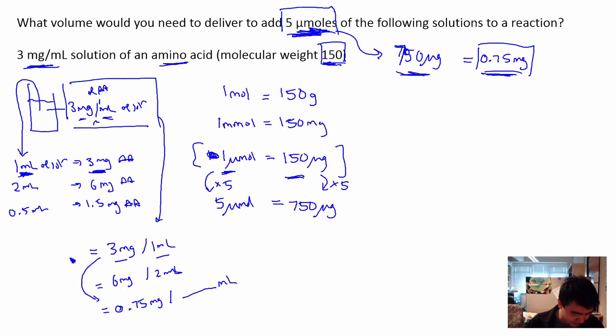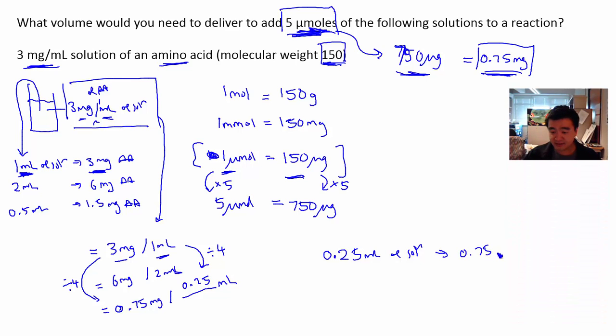To get from 3 to 0.75 is actually divided by 4. Therefore, to get from 1 down to whatever this is, it's also going to be divided by 4. And so 1 divided by 4 is 0.25, which means that if we take out 0.25 mils of the solution, we'll be taking out 0.75 milligrams of the amino acid.